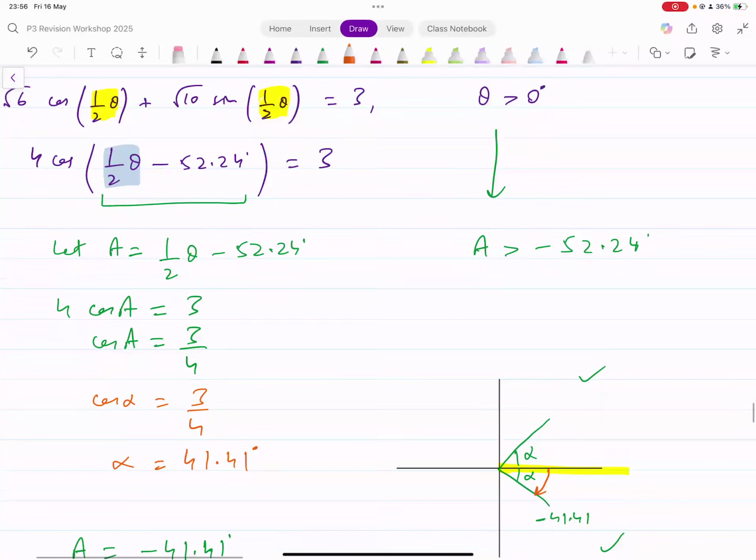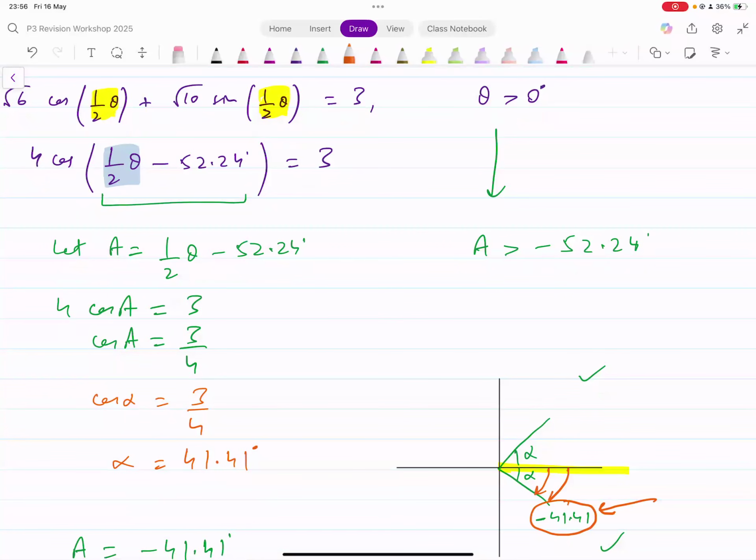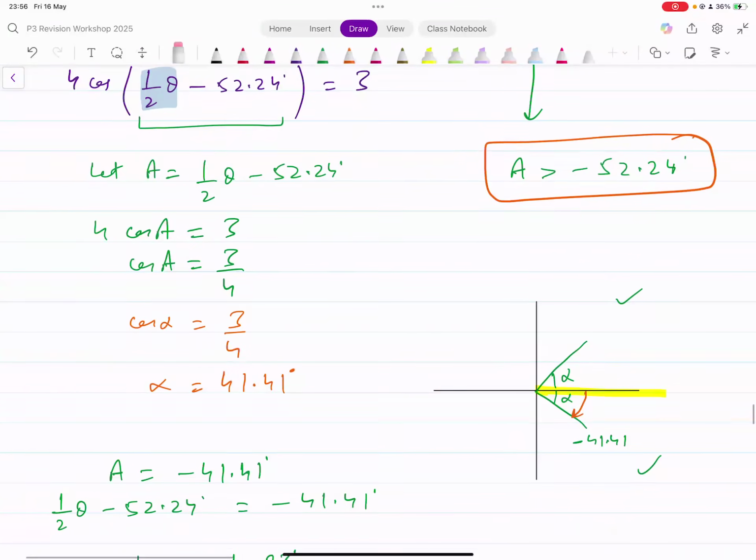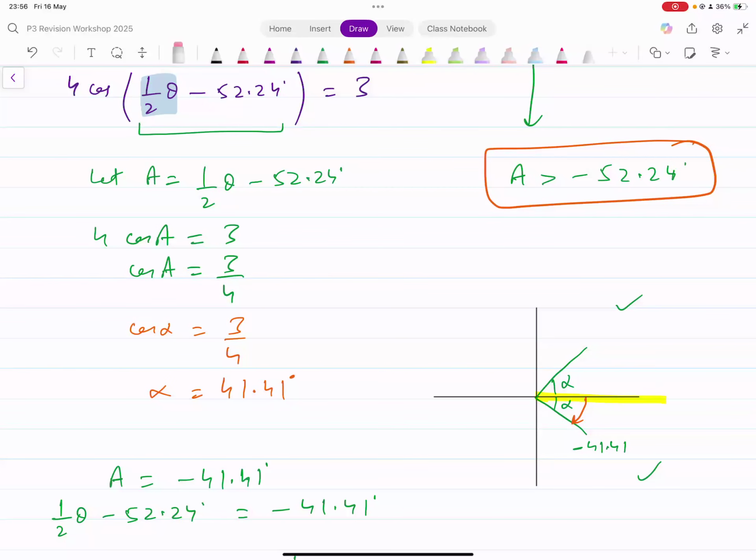Now, if you look at the fourth quadrant here, this angle minus 41.41 degrees actually falls in this interval. That is the smallest value of A that we have in this interval.